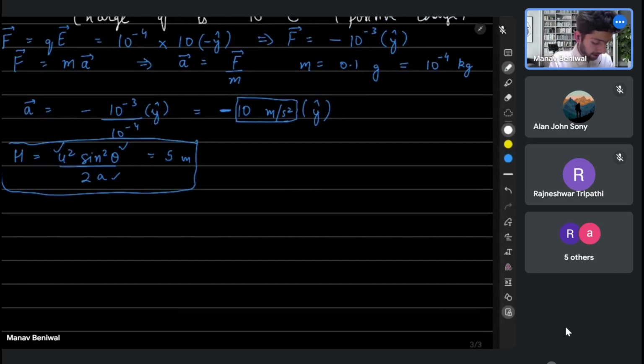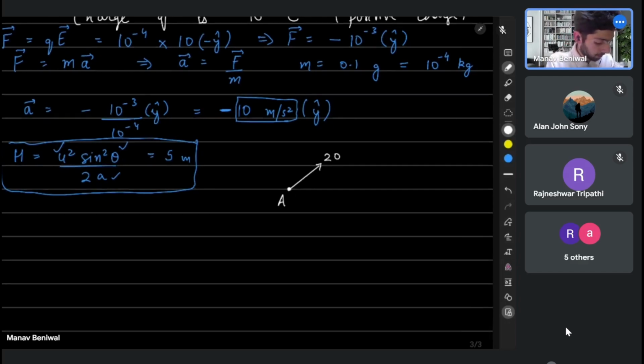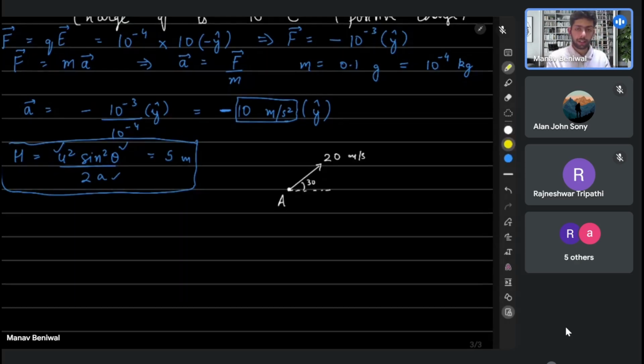So this was our point A, remember? And our velocity was here, 20 meters per second, and this angle was 30. We can resolve it into x component and y component. Let this be Vx and this be Vy.